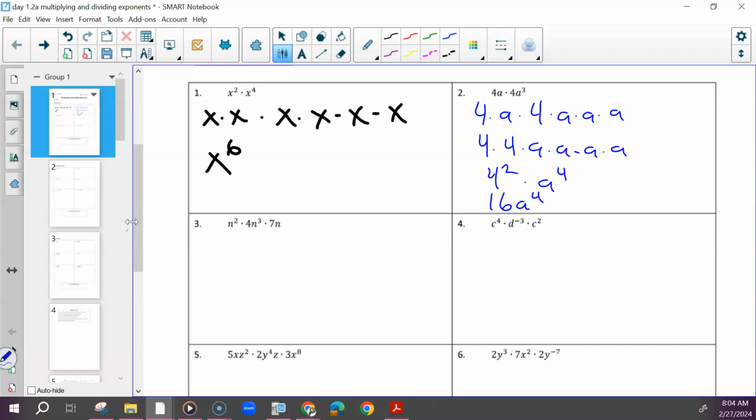So we'll do number 3 and let's see if you guys can figure out the rule. There's a specific rule when it comes to multiplying exponents or multiplying terms together. So if I were to do this one, I have n times 4 times n times n times n times 7 times n.